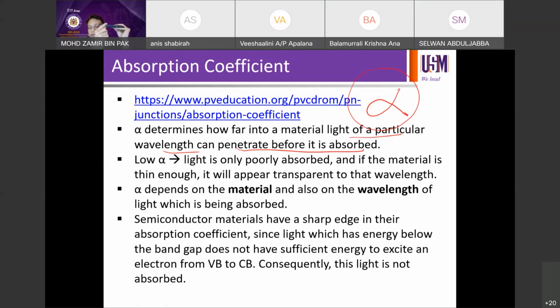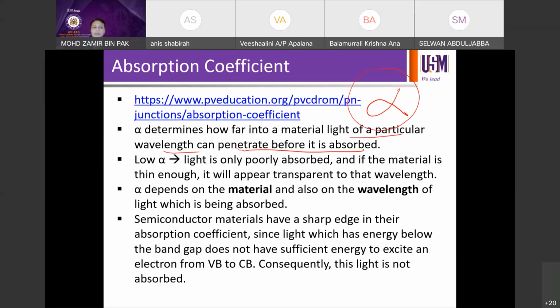So if alpha is high, the light is completely absorbed right at the surface, because the material is very efficient at absorbing light. On the other hand, if alpha is low, you need quite a depth, quite a thickness of material, to ensure complete absorption of the photons.